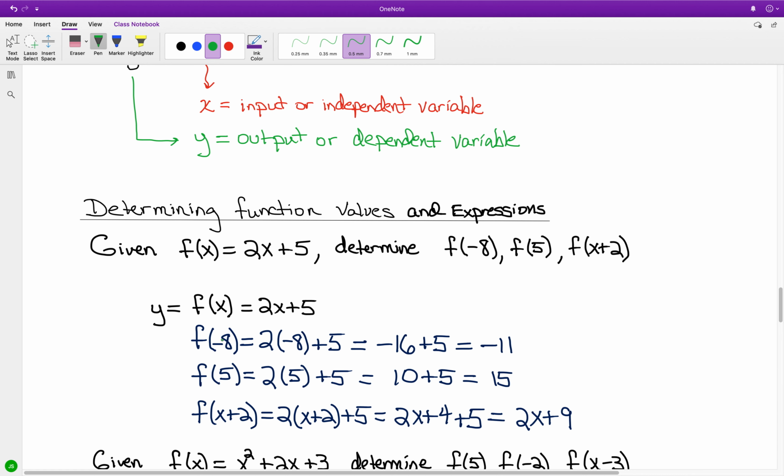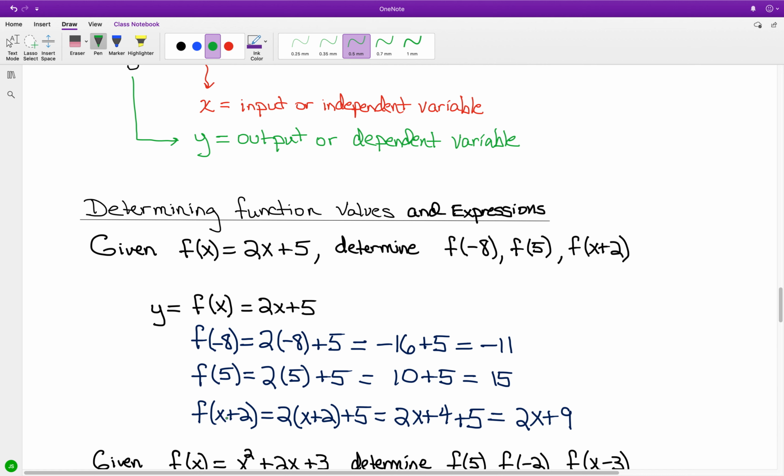If I have x at negative 8, I have f of the input, 2 times the input plus 5. So here we have 2 times negative 8 is negative 16 plus 5, which will come out to negative 11. For f of 5, I have 2 times 5, which is 10, plus 5 is 15.